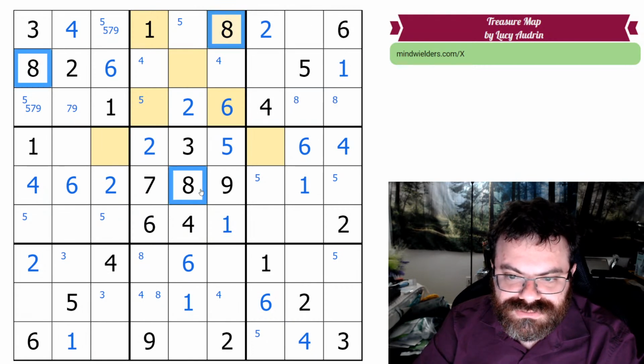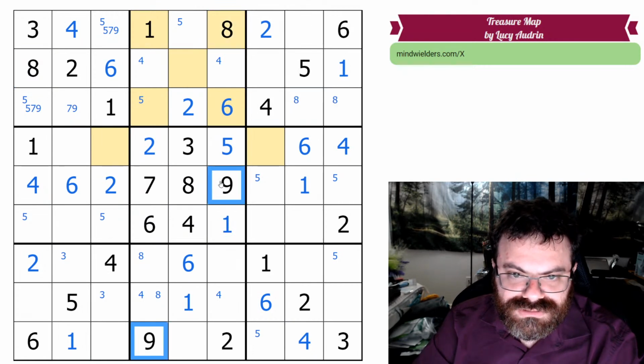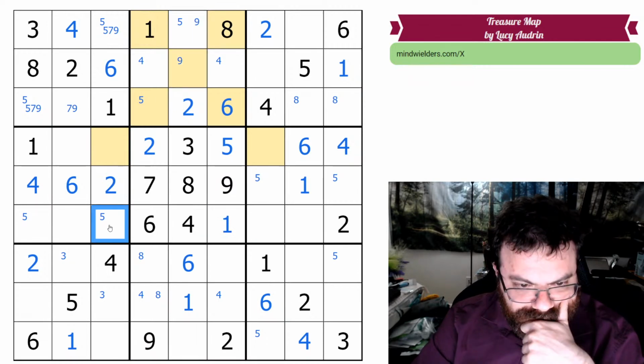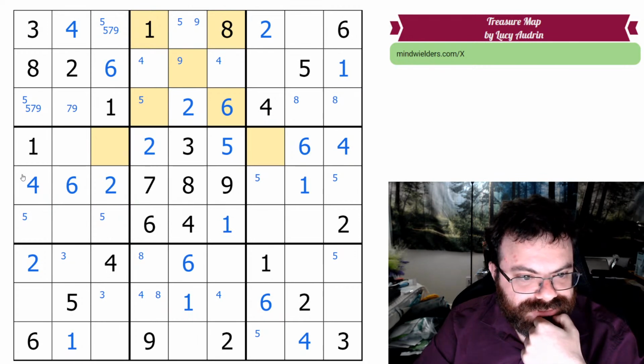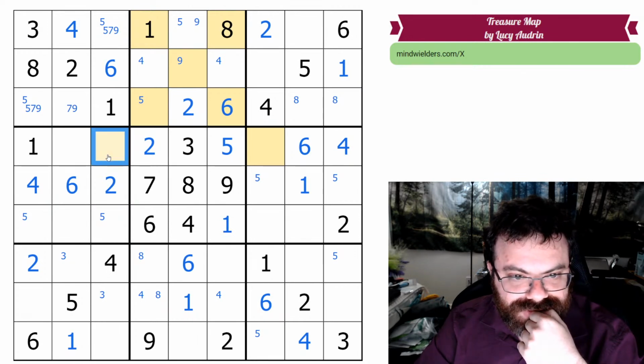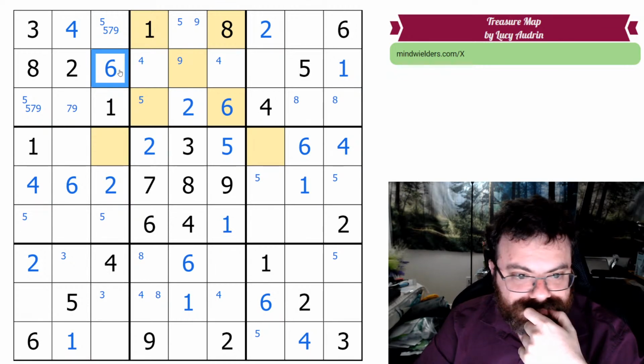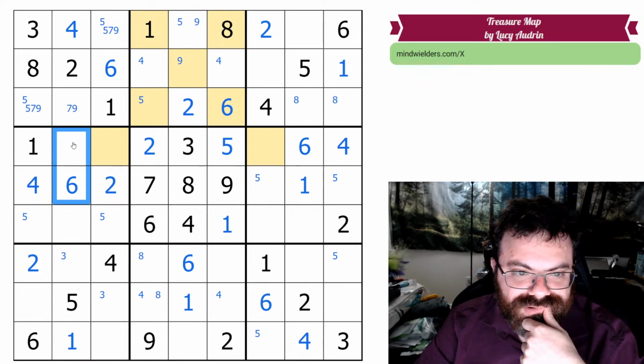One of these two. All right. Row 4, column 3. The 6s looked up here.